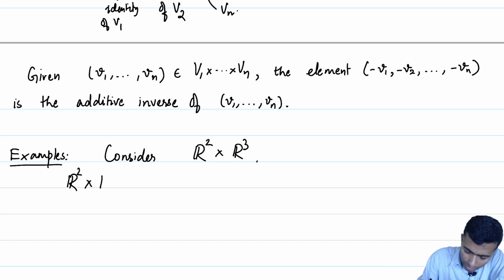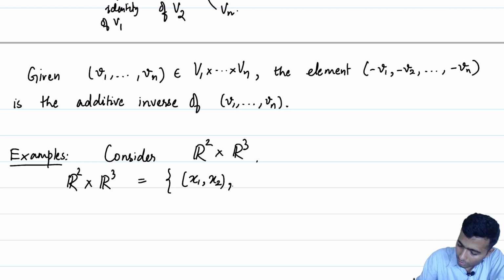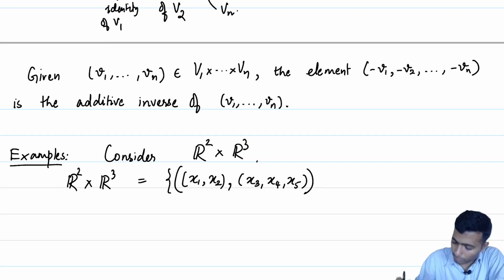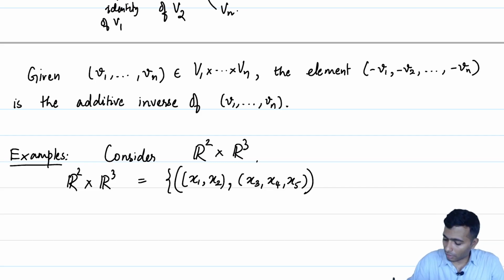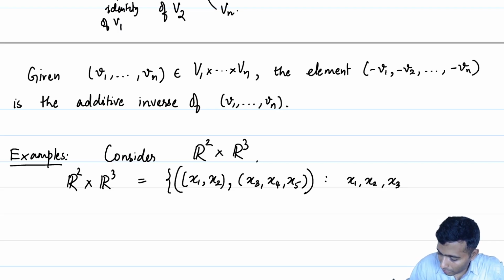R2 cross R3 will just be equal to the set of all x1, x2 and then x3, x4, x5, a typical element, a tuple of such elements, where x1, x2 belongs to R2, and so on, which is the same as demanding that x1, x2, x3, x4 and x5 are all in R.